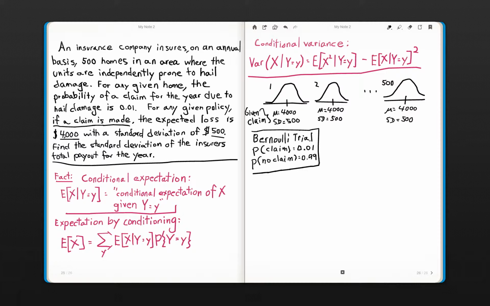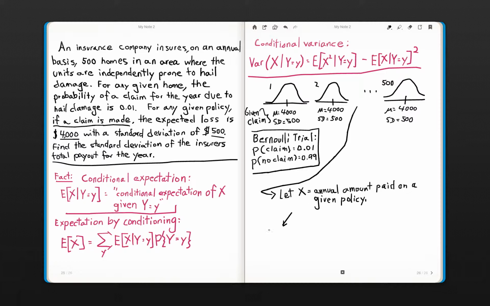To solve that further, let's actually take a particular policy. Let's just focus on one, and let X be equal to the annual amount paid out on a given policy. Okay, just like that. And just to emphasize, we will have two situations occur from X. So X is the actual annual amount paid. So this will include, for that particular policy, where we may not pay out, that is, there's no claim made, no hail damage to the home.